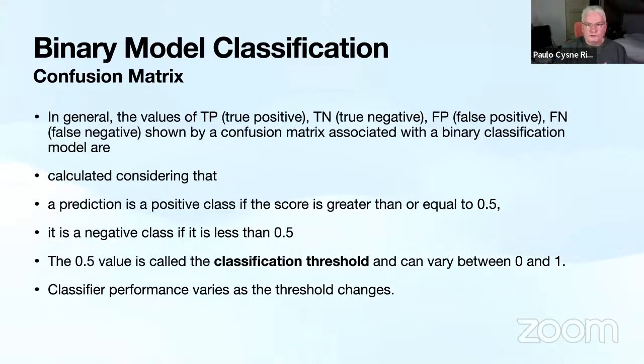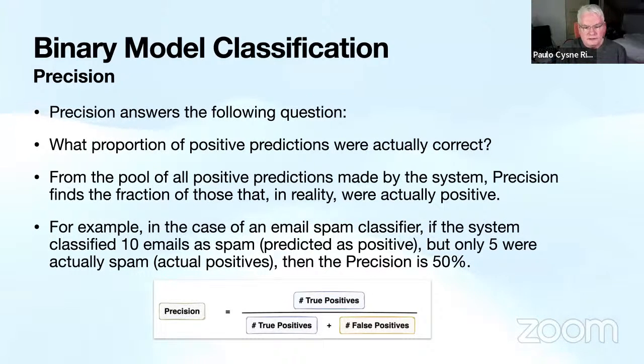So if you don't do anything, the results you get from your model are all based on this 0.5 classification threshold. But you are able to change this threshold and get a better performance from your model. And this is what we are going to learn today. So let's learn first about what is precision, what is recall, and what is the precision recall trade-off.